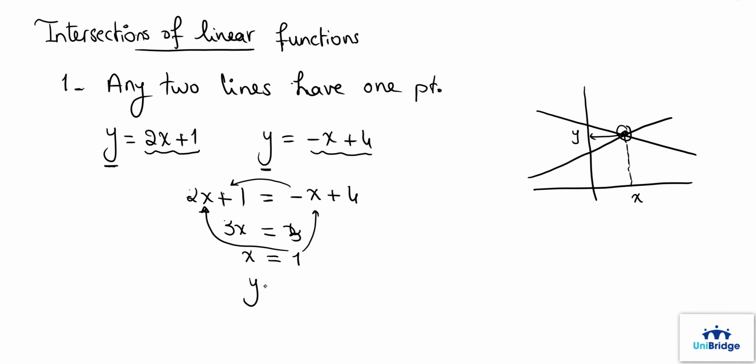You're going to get y equal to negative 1 plus 4, which is 3, or 2 multiplied by 1 plus 1, which is 3. So if you want to find the intersection between any lines, you get both lines and you equate them to each other.